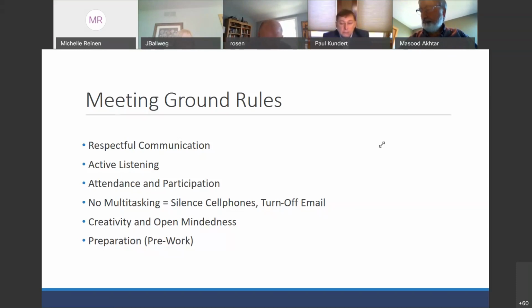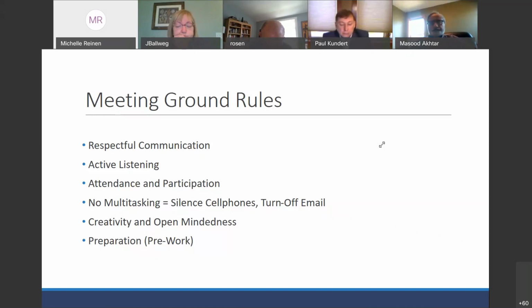We agree to active listening, and attendance and participation are very critical to achieving the objectives and goals of the task force. If you're unable to attend, please remember that you have the option, and are encouraged, to send a substitute or someone who can represent you. We encourage no multitasking, and if you could silence cell phones, turn them off when you're at home, turn off email if possible, so we can focus for the 3 hours that we have together.